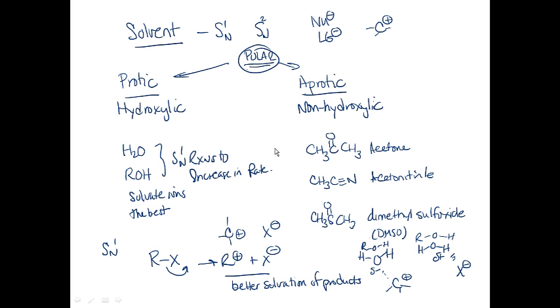Okay, so the hydroxylic solvents are the best at speeding up SN1 reactions because they solvate the products the best. They make the products more stable, pushing the reaction towards the formation of the products. What happens in SN2 then?